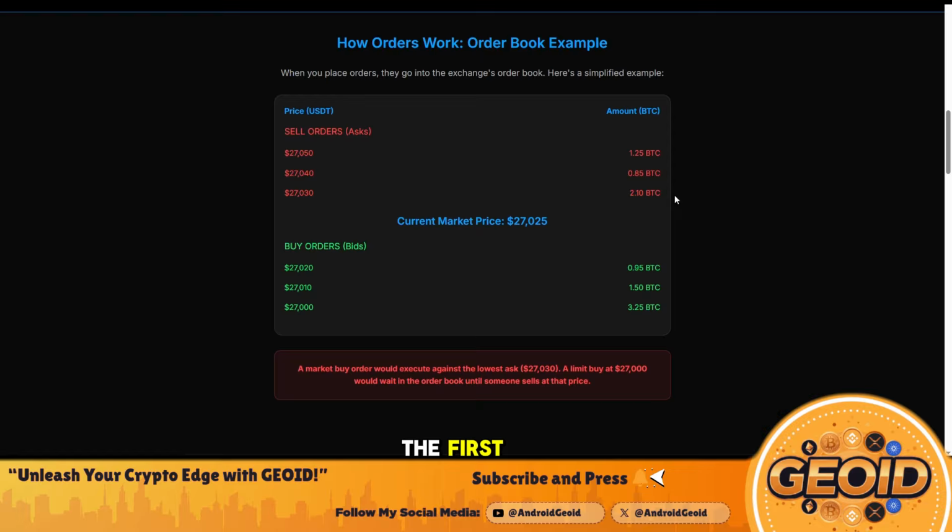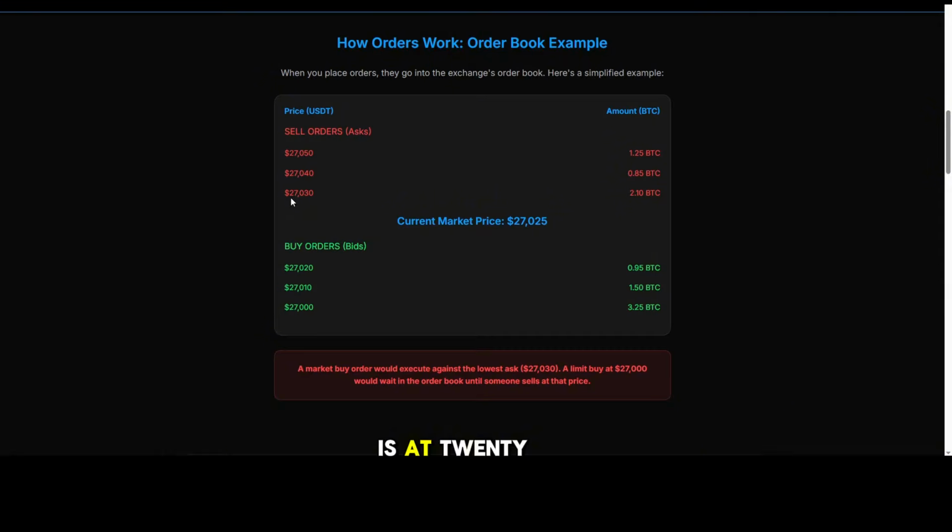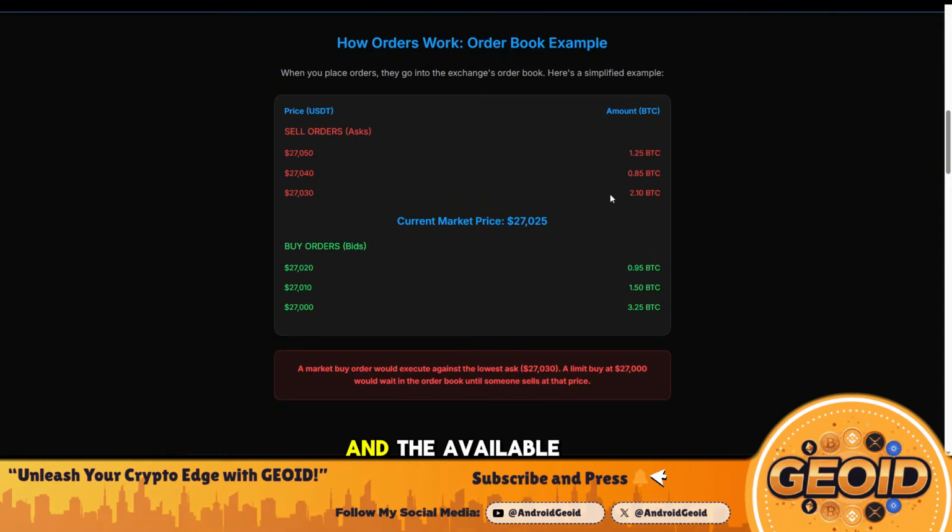For example, the first sell order is at $27,030 and the available amount is 2.10 BTC, but yours is 3 BTC of total volume. So it will buy out this complete order at this price, and then it will fill the rest with the second sell order. So that is how simply it works.